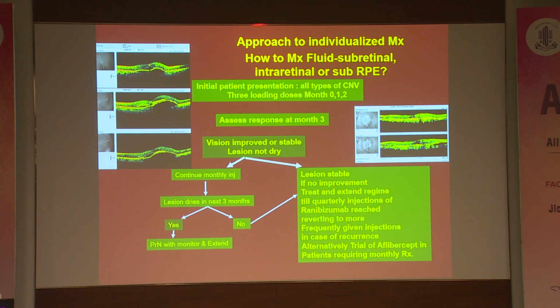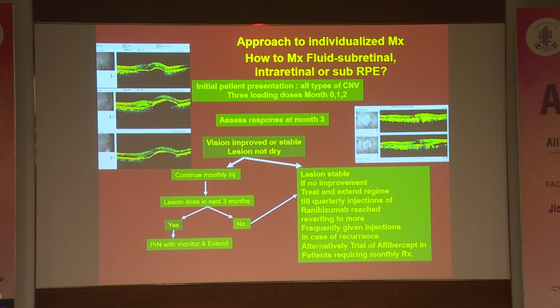The patients who are not dry at 3 months, now they have some fluid, now you continue monthly injections and you find that they become dry. If they become dry, you have the algorithm for that already, go by that. If they don't become dry, now you see, have you reached a stage where after 2 consecutive injections, that means 3 consecutive OCTs, there is no change in the OCT, no change in the vision.